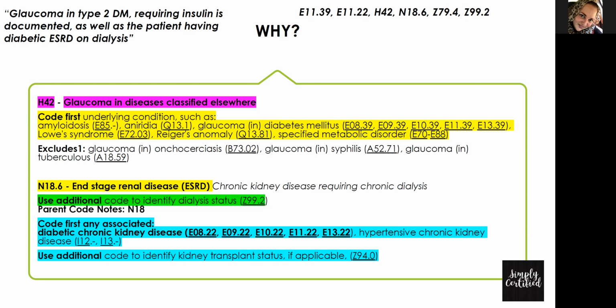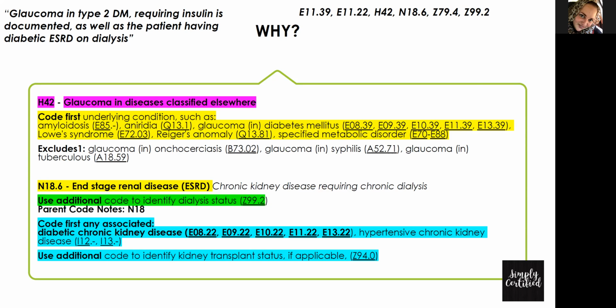Z99.2, it even tells us where to go find it, right? Under the parent code notes for N18, we see other instructions like code first any associated diabetic chronic kidney disease, which we've already done, but we know, again, we've done it right.